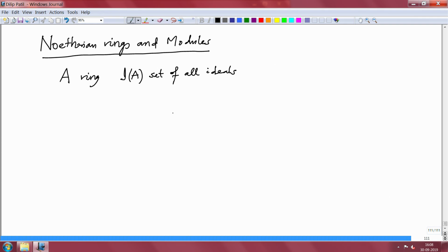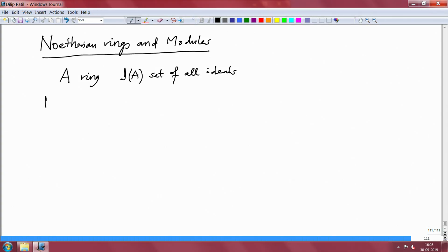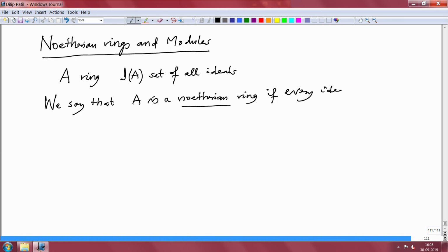Then when do you say the ring is Noetherian? Precisely when every ideal is finitely generated. So we say that A is a Noetherian ring if every ideal in A is finitely generated.